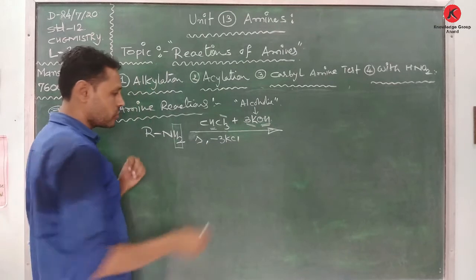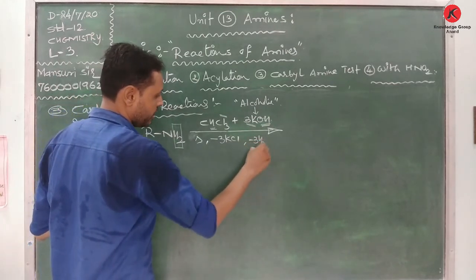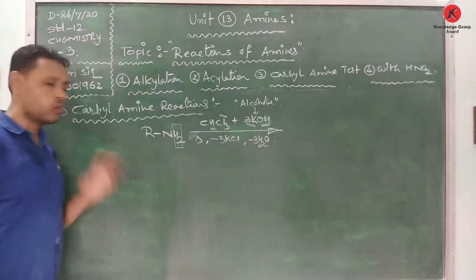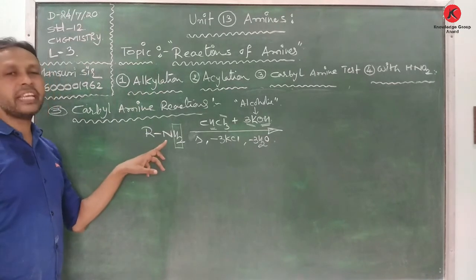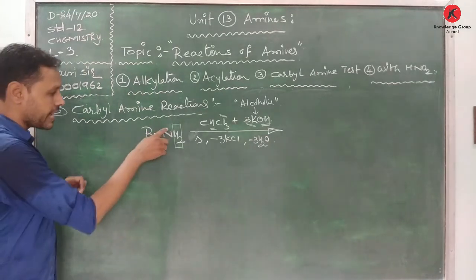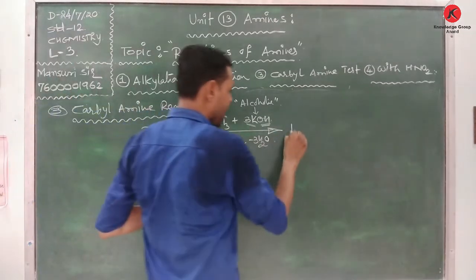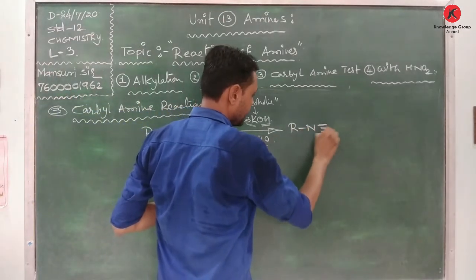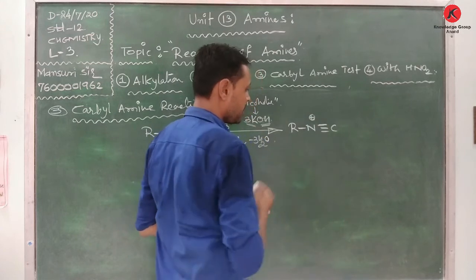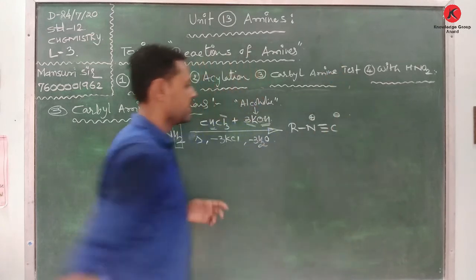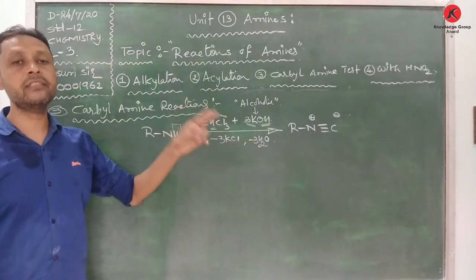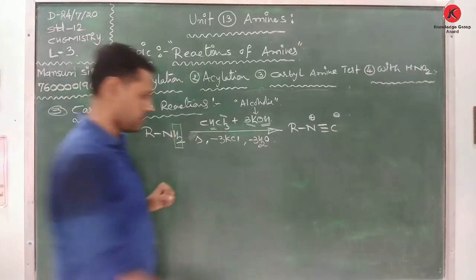So 3 water molecules will also be obtained, right? So what will be the remaining part of this substance? Now only N and only C, which is attached, and form R-N and C. These are plus and these are minus. This is a poisonous and foul-smelling substance.